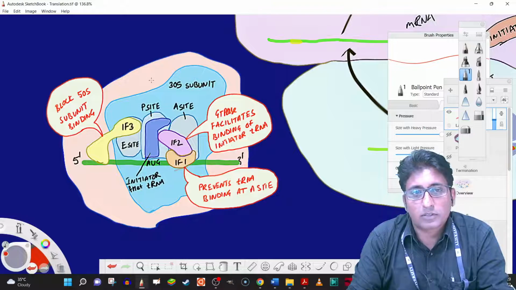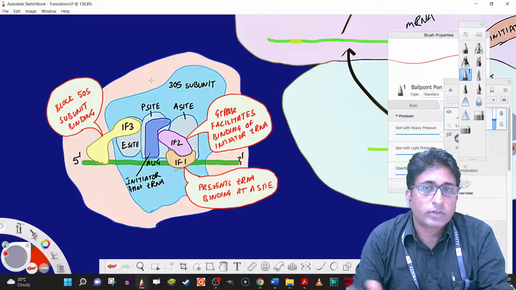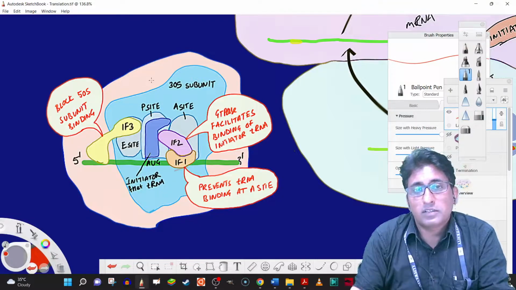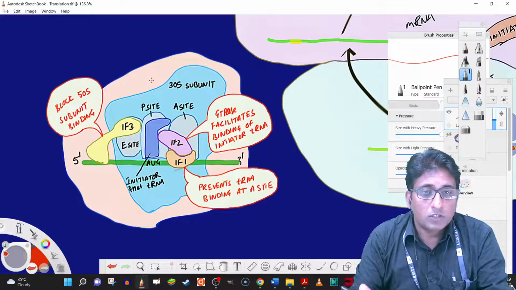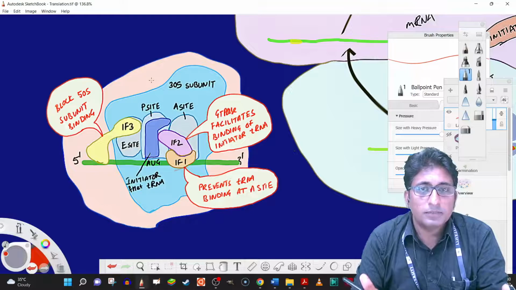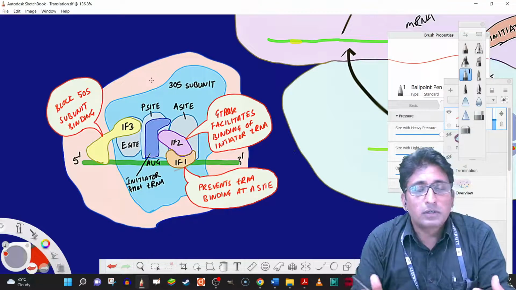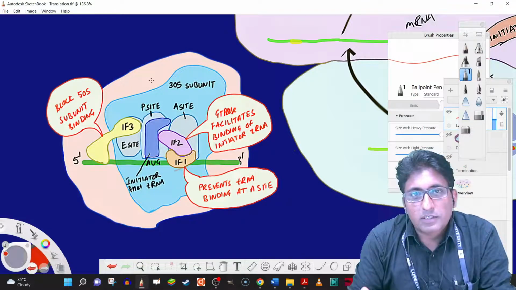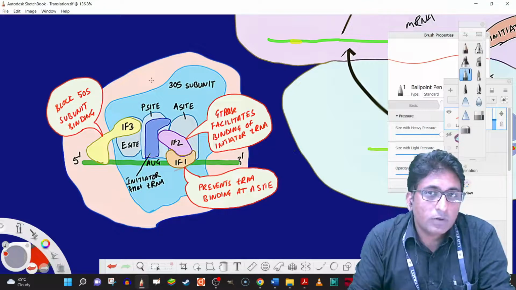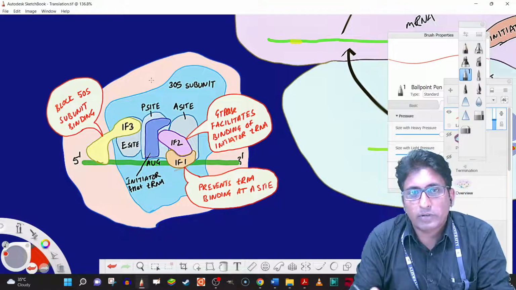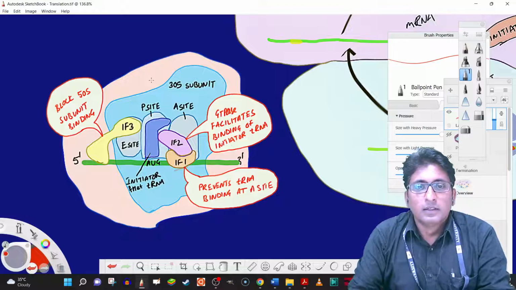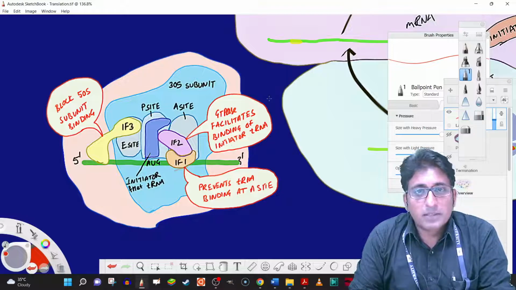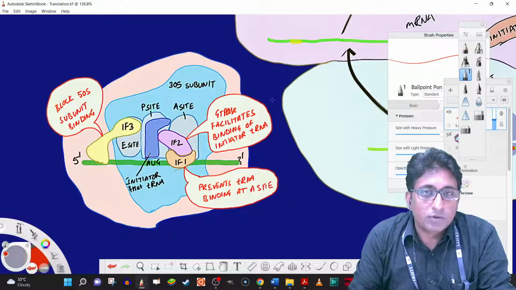The only difference is that the eukaryotic ones are much more numerous and complex, and we don't know all the details about the eukaryotic systems yet, as people are still working on them. Prokaryotic systems are better understood than eukaryotic ones. So that is about the requirements for the initiation of translation in prokaryotes.